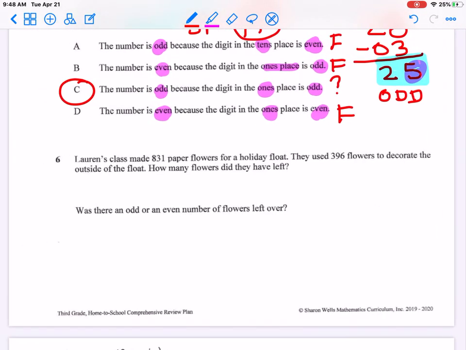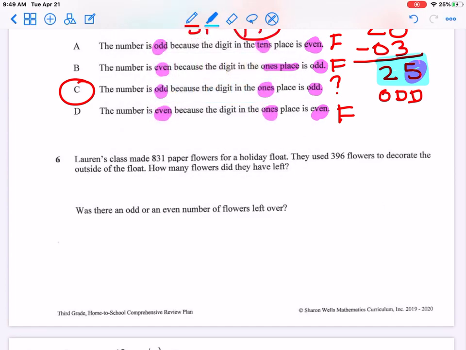That is my answer. Let's look at number 6. Lauren's class made 831 paper flowers for a holiday float. They used 396 flowers to decorate the outside of the float. How many flowers did they have left? Was there an odd or an even number of flowers left over? Let's analyze our information. What is it talking about?